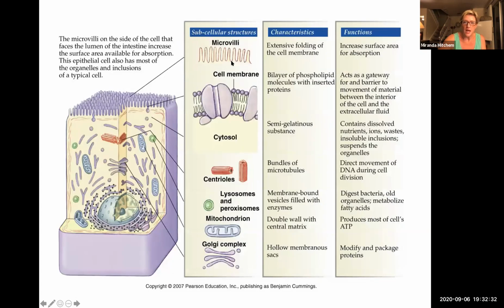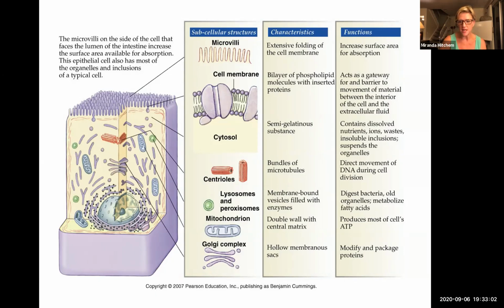Looking at some of these different structures, you've got a nice table or graphic here that shows you what they look like and where they're found, and then reviews the different characteristics as well as the function of each of these components of the eukaryotic cell. I'm not going to read through this here, but hopefully this is stuff that's sounding a little bit familiar to you from your introductory biology course.